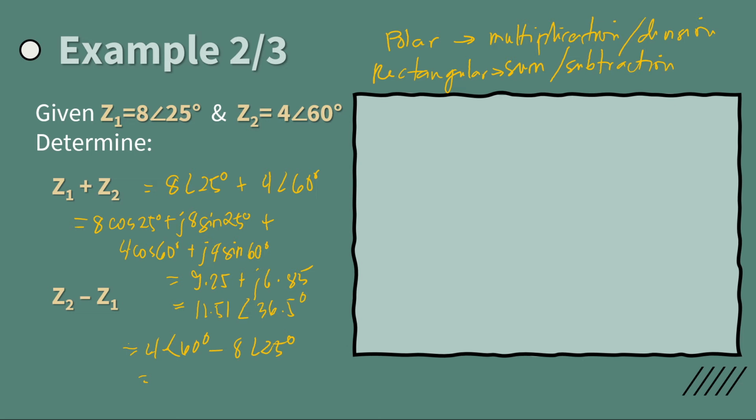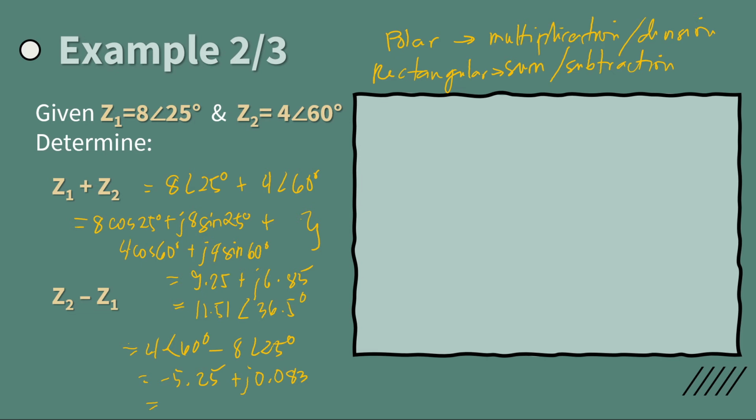If you follow the same steps, you will end up with negative 5.25 plus j 0.083, and then you need to convert it to polar form again.